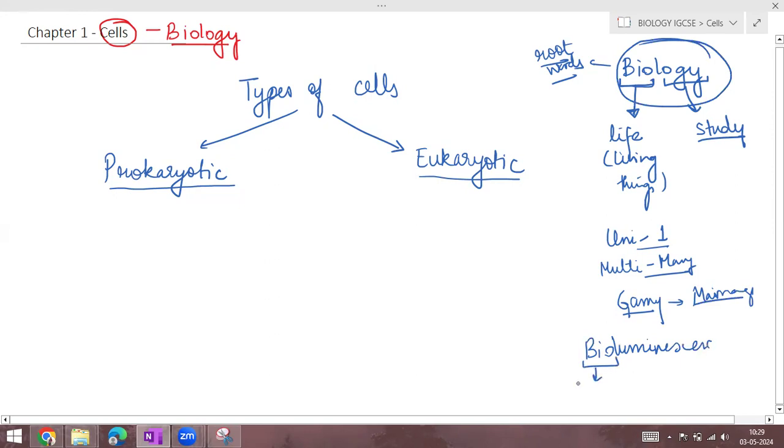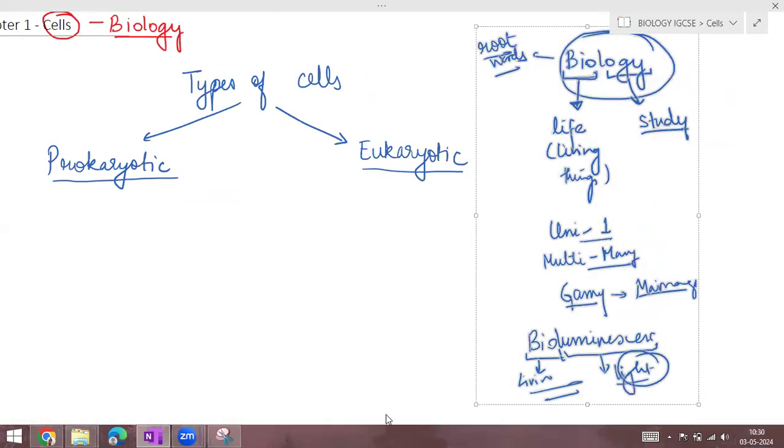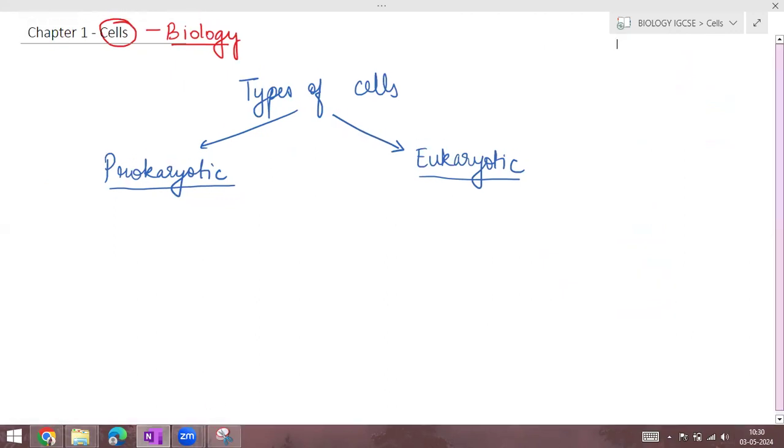Bio means living things, and luminescence comes from luminous objects, objects producing light. So the living things which produce their own light, this phenomenon is known as bioluminescence. That is how mostly we'll be talking about root words in our IGCSE biology course.